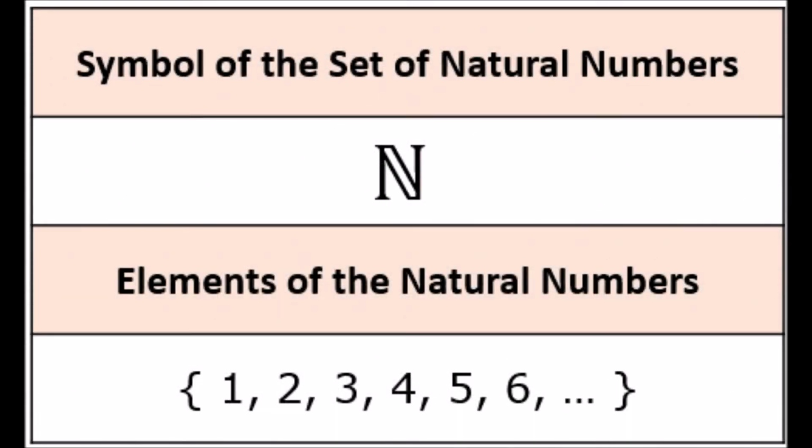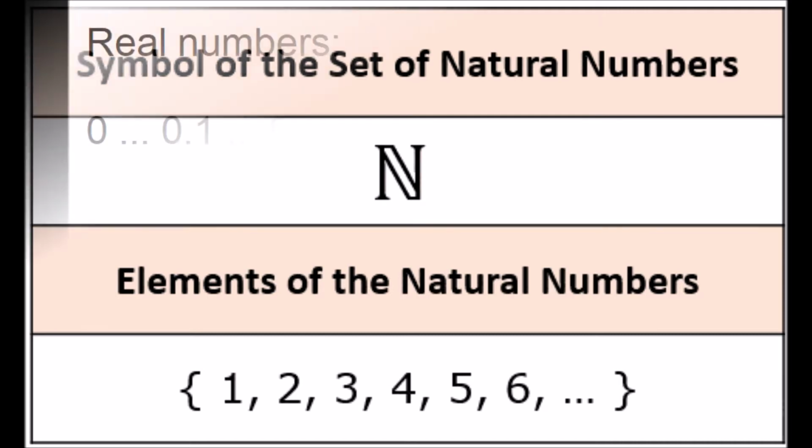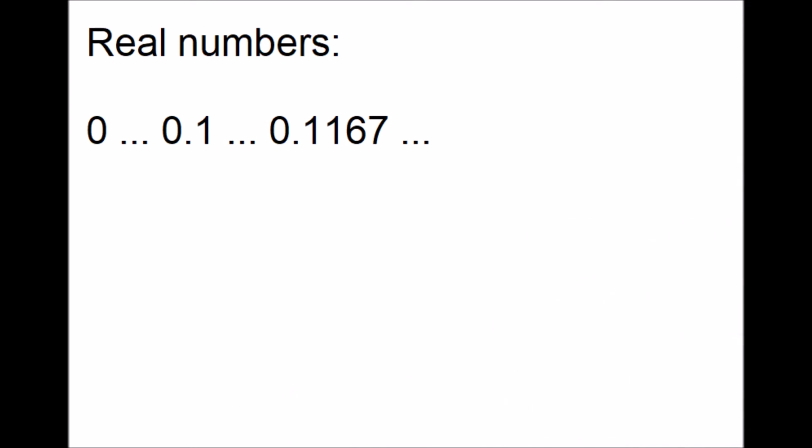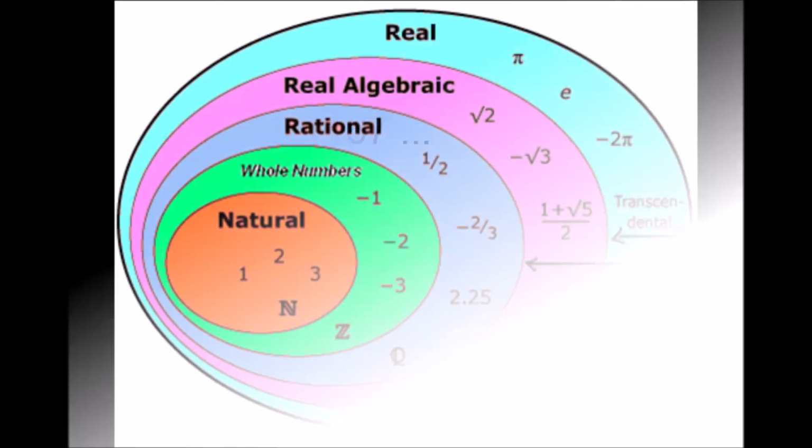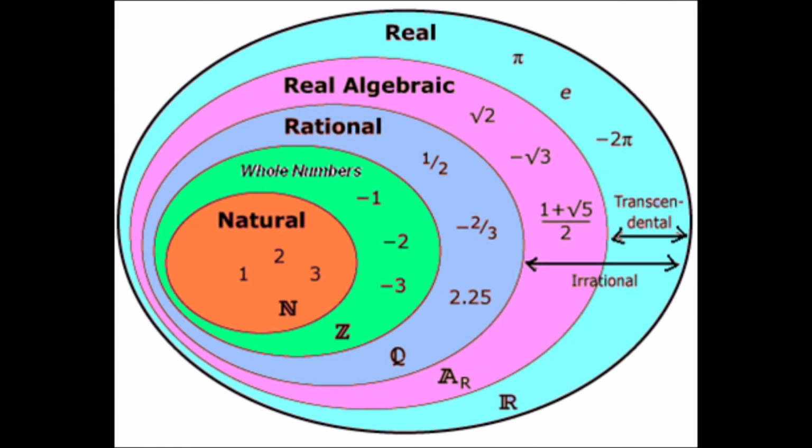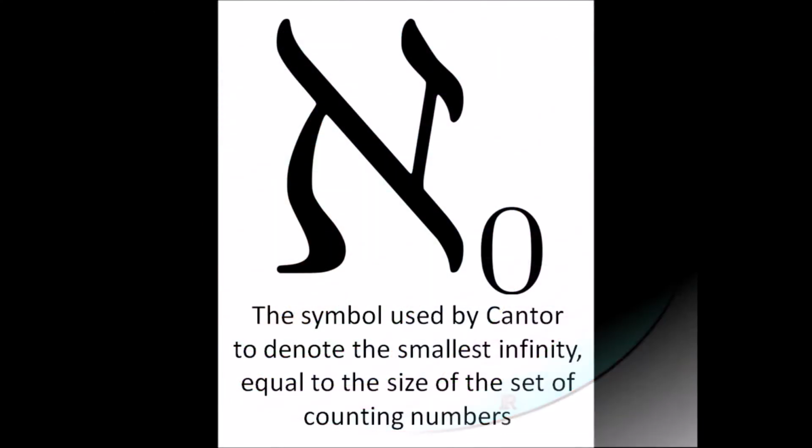For example, there is a set of natural numbers 1, 2, 3, etc. And there is a set of real numbers 0, 0.1, 0.1167, etc. He has shown that the set of real numbers is larger than the set of natural numbers, although both are infinite.